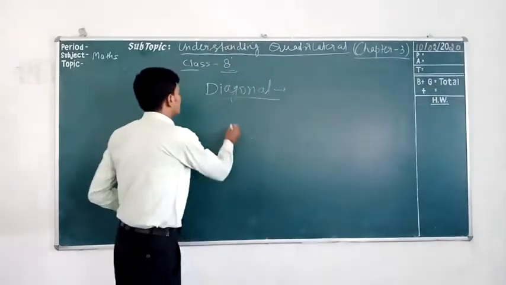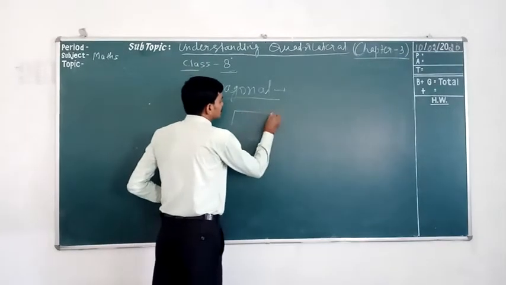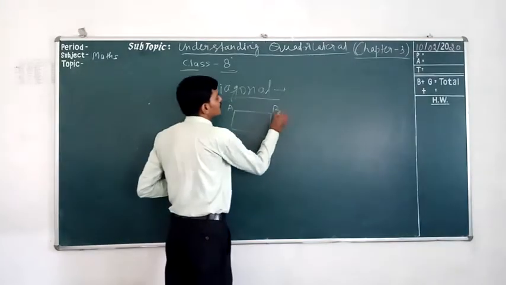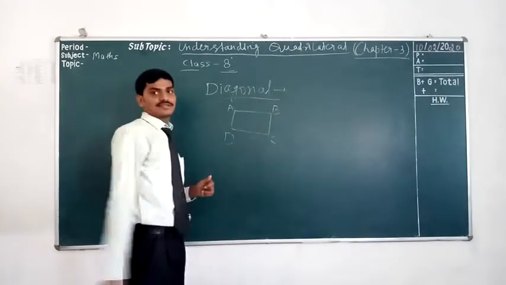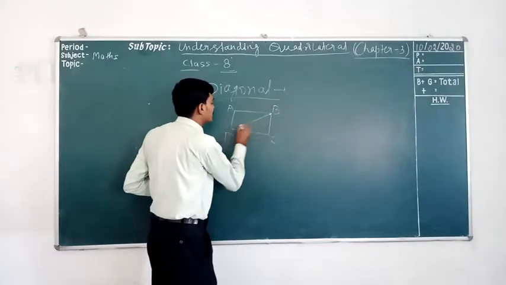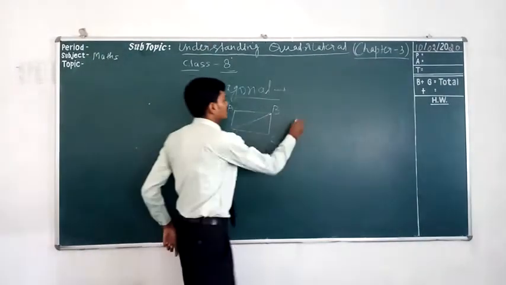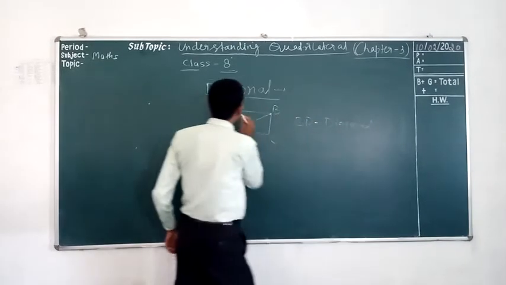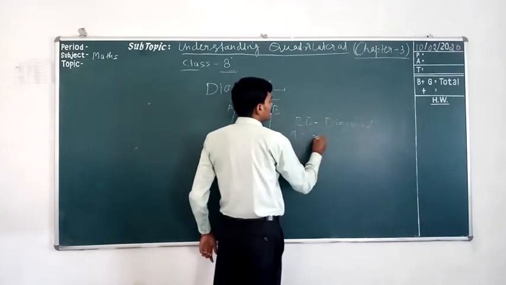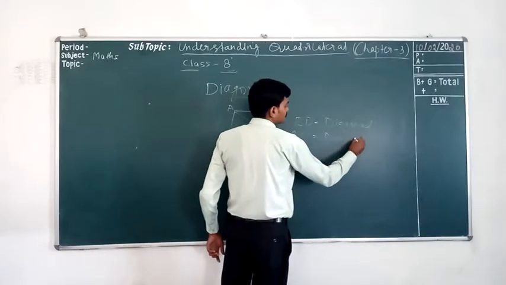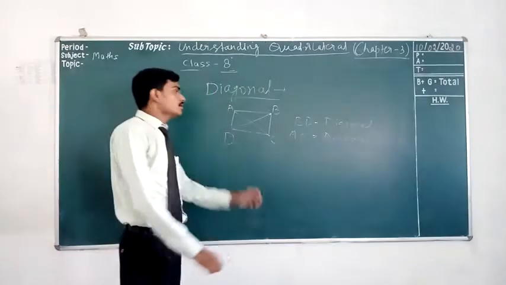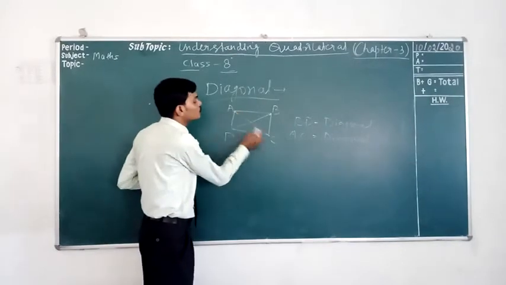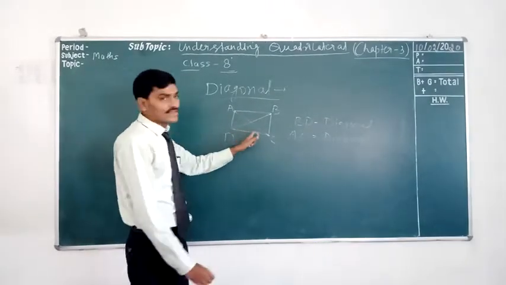For example, if this is a rectangle with vertices A, B, C and D, and we join B to D, then BD is a diagonal. If we join AC, then AC is also a diagonal, because it joins two non-consecutive vertices of the polygon.